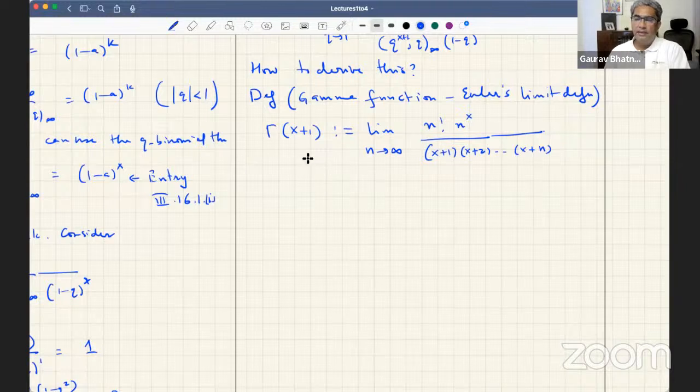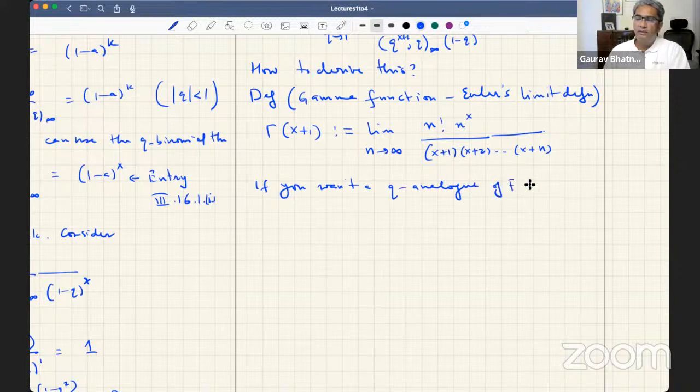But at present, let's just look at what a q analog of this would be. So if you want a q analog of gamma, then what would you do? First of all, to get n factorial, that's easy.